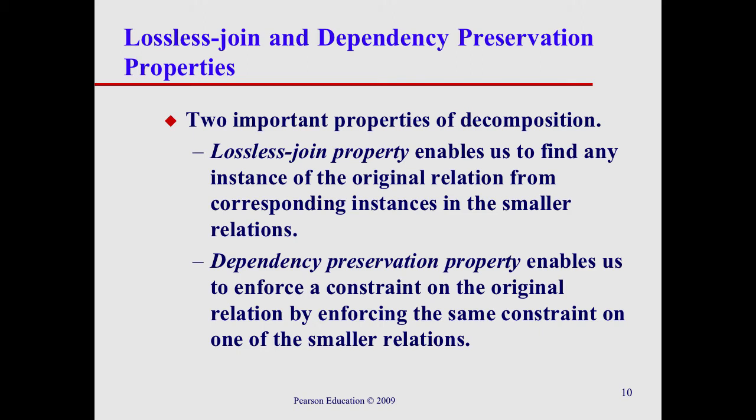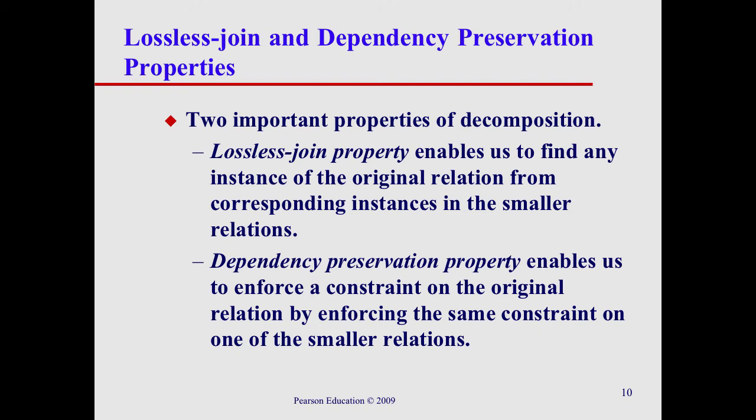And when it does that, it needs to maintain these two properties. One is lossless-join, meaning we don't lose any information when we separate or decompose the relation. So if we separate the staff-branch relation into a staff and a branch relation, we shouldn't lose any information. We should be able to join them back together and not lose any information.